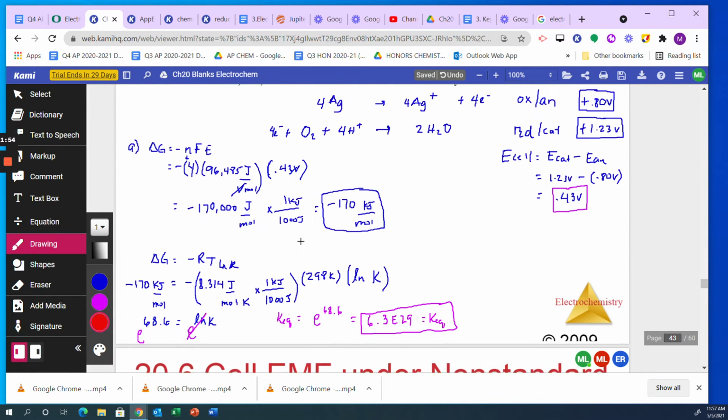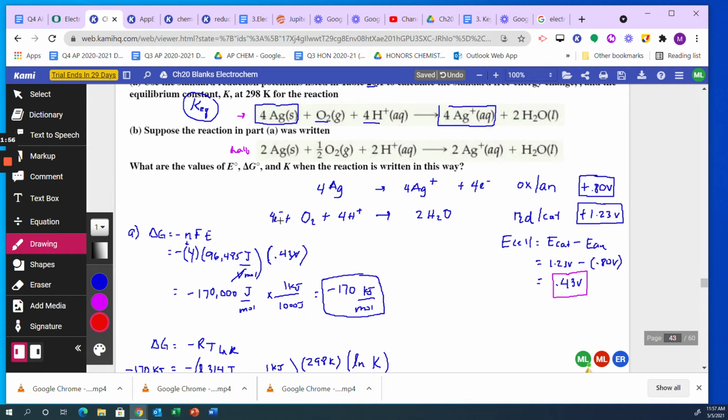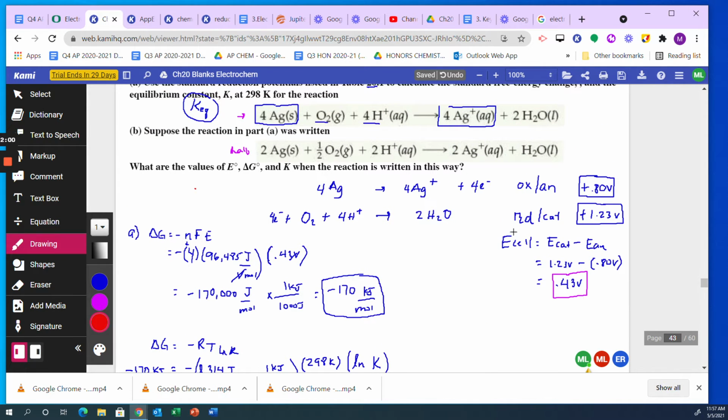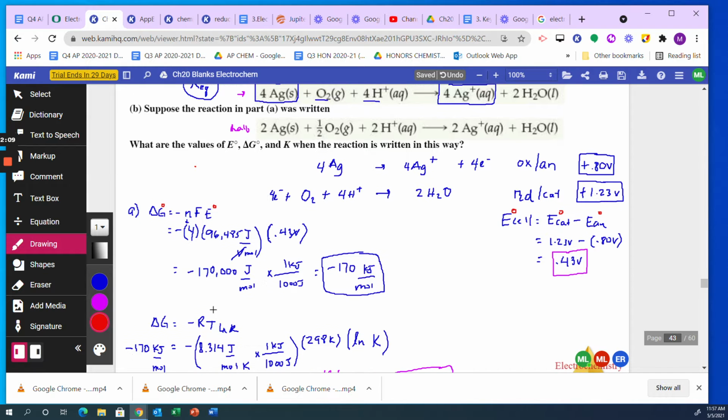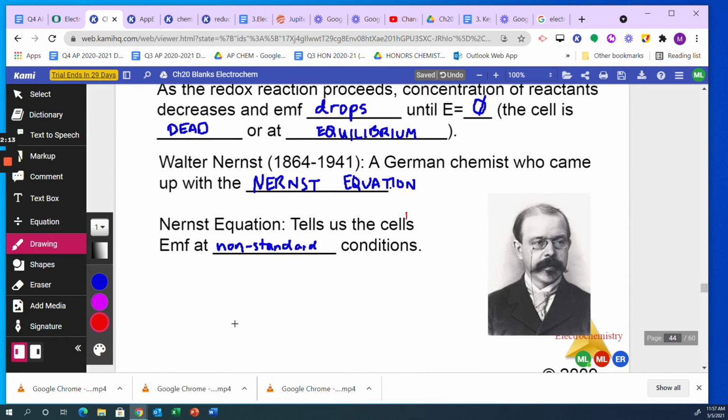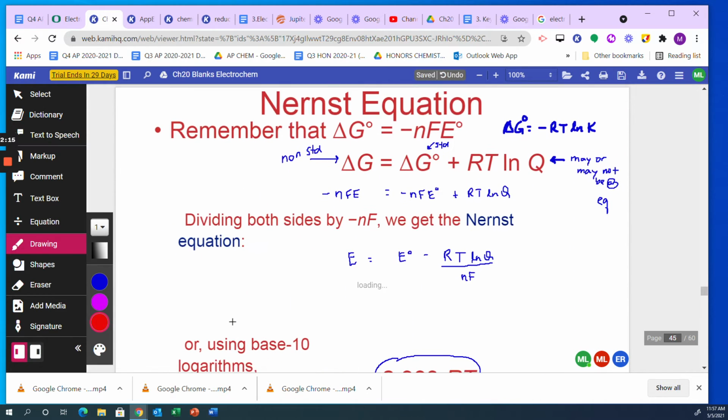So in the past, we have been calculating this E cell right here, which is E naught, and this is also delta G naught, standard conditions, and so on.